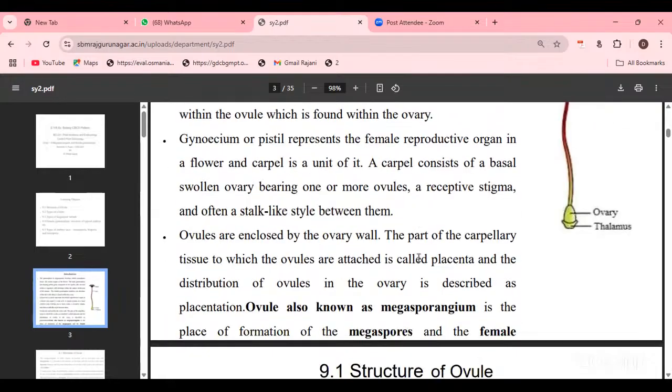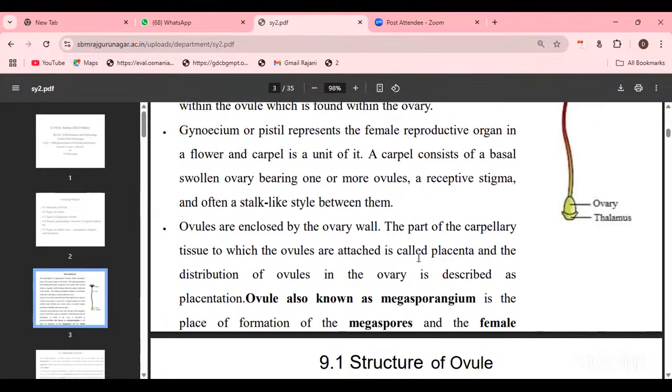Ovules are enclosed by the ovary wall. The part of the carpellary tissue to which the ovules are attached is called the placenta.